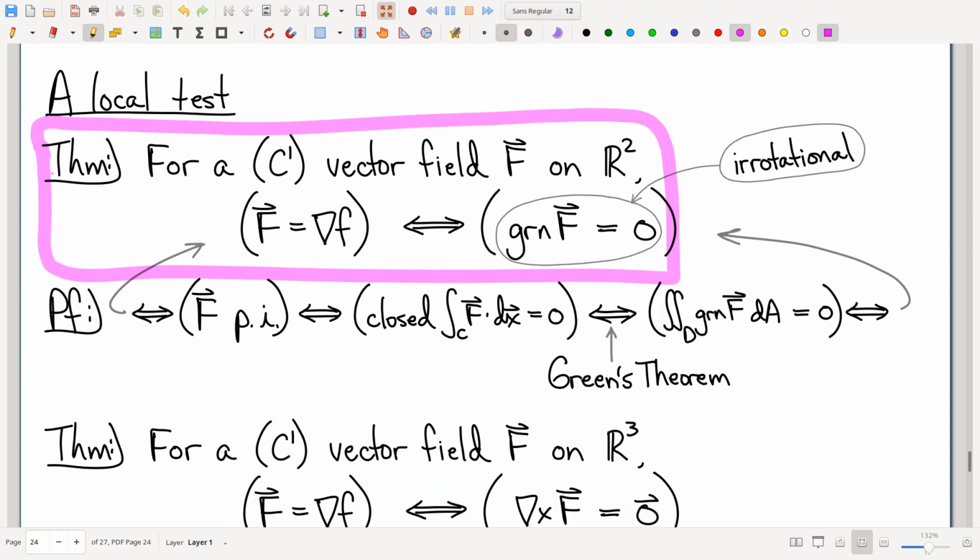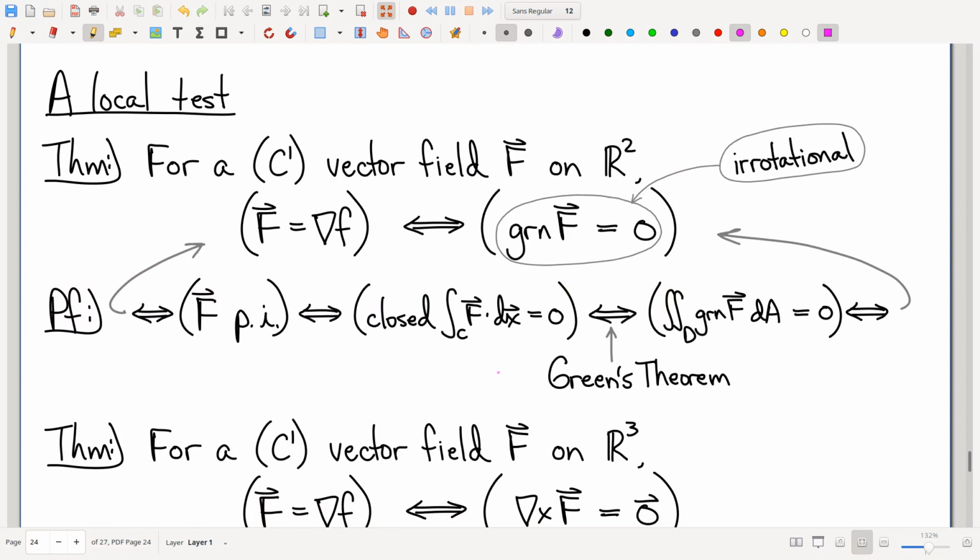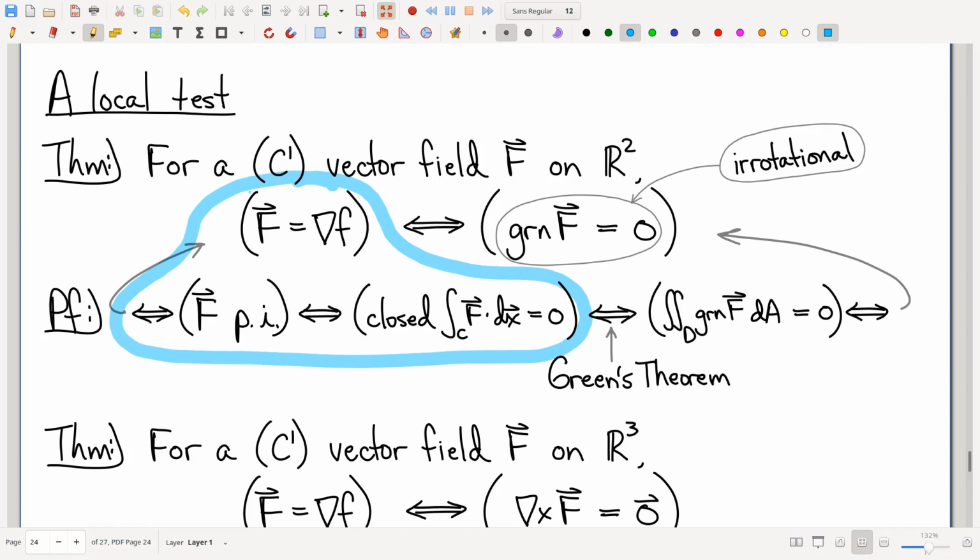Okay, so how do we see this theorem? This is a sort of multi-step little argument. The first thing I want to do is point out we've already seen this part of the argument. We've already seen that gradients, and that means the same thing as being path independent as far as we're concerned, means the same thing as all closed line integrals are zero.